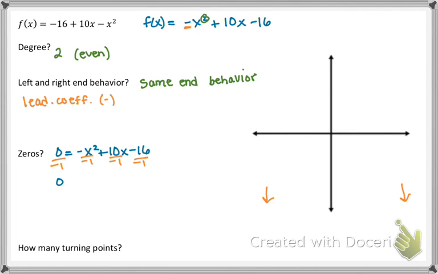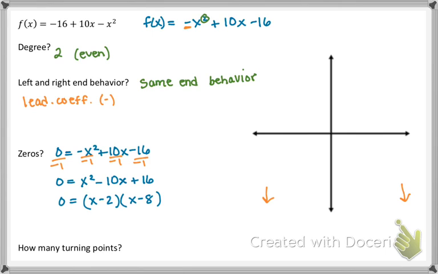And I have 0 equals x squared minus 10x plus 16. And then we can try to factor. Factors of 16 that would add to give me -10: that would be -2 and -8. They multiply to give me 16 and add to give me -10.